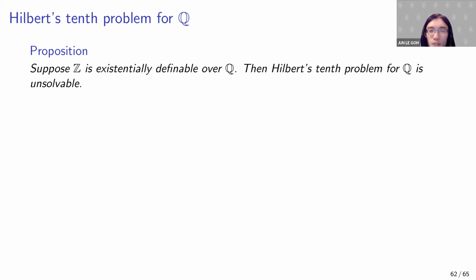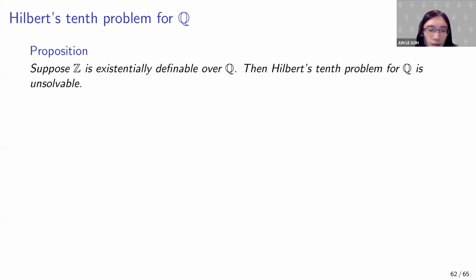So this proposition, the assumption of this proposition, allows us to carry out such a reduction. What does this proposition say? Let's suppose that the integers Z are existentially definable over Q. What do I mean by that?